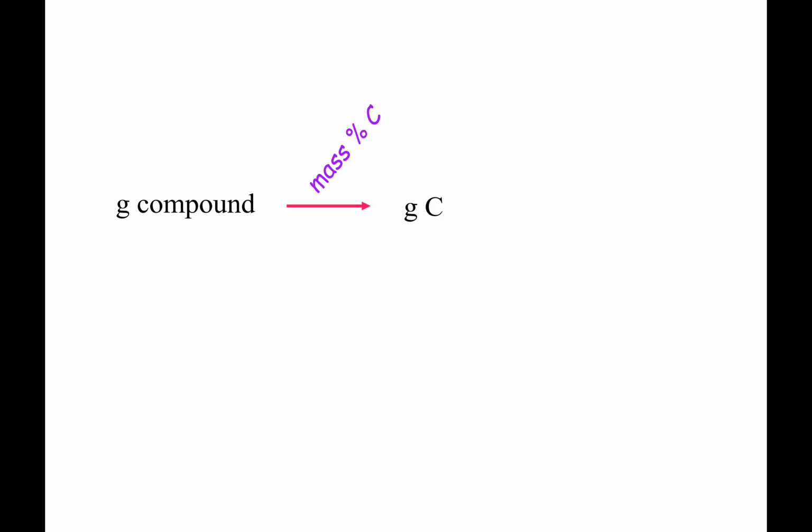Does that make sense? Grams of compound to grams of carbon using this weight percent carbon. Make sense? And then we can go from the grams of carbon to the moles of carbon using its molar mass.